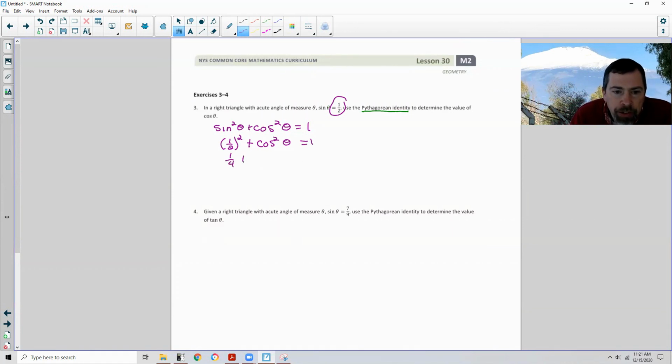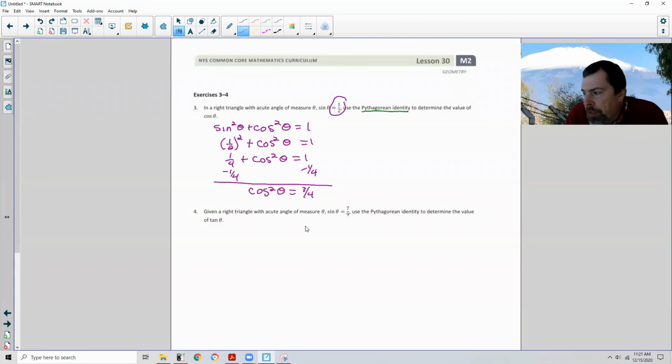So let's simplify this. 1/4 plus cosine squared theta equals 1. And then I'm going to subtract a quarter from both sides, and we cancel there, and we get cosine squared theta equals 1 minus a quarter, which is 3/4.